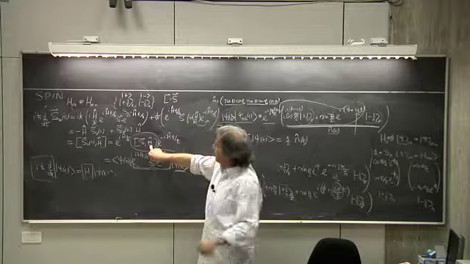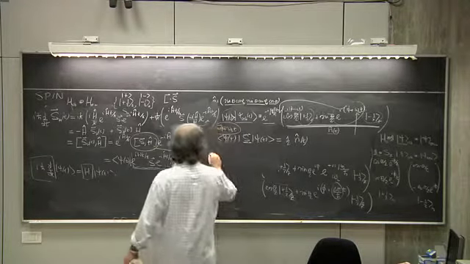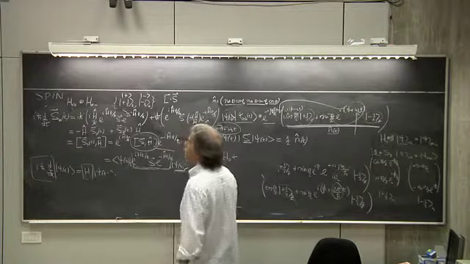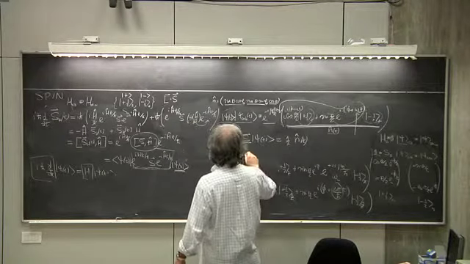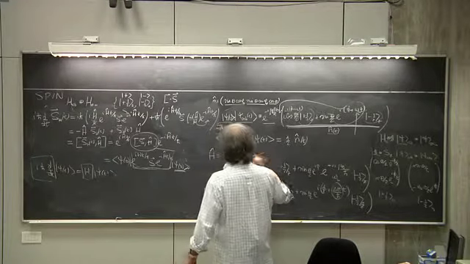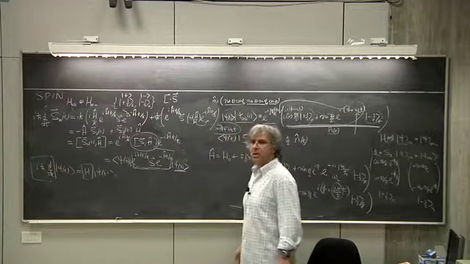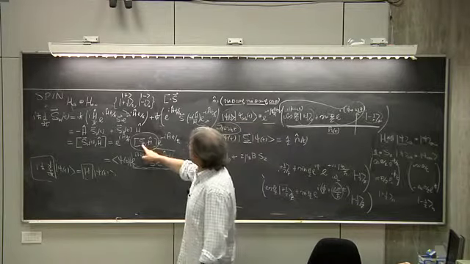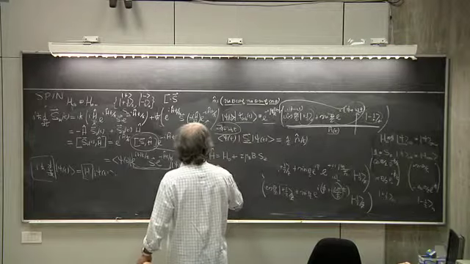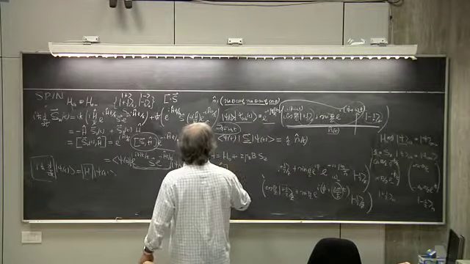Suppose that you have in the Hamiltonian H0 plus, as we said before, 2 mu_B B Sz. So what I have here is the commutator of S with this Hamiltonian.